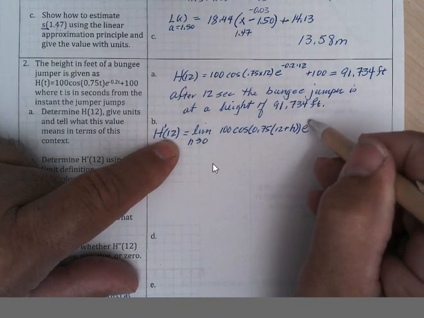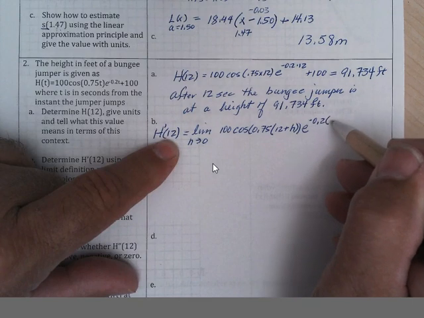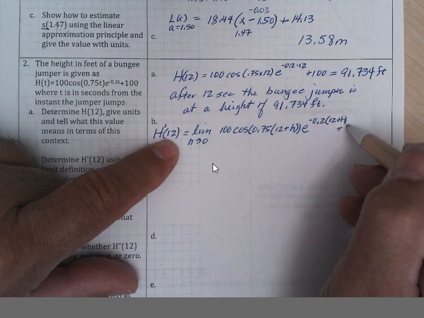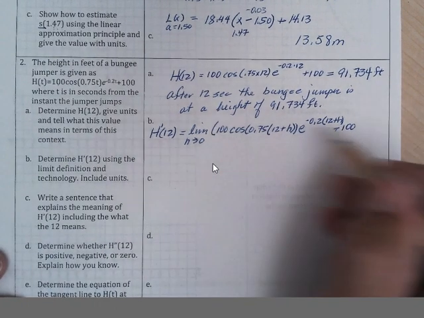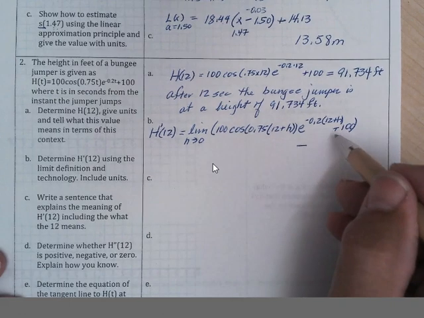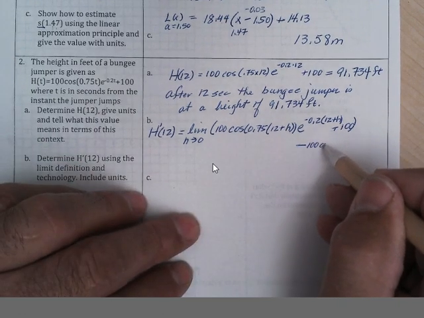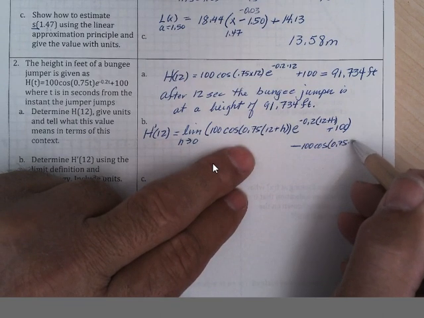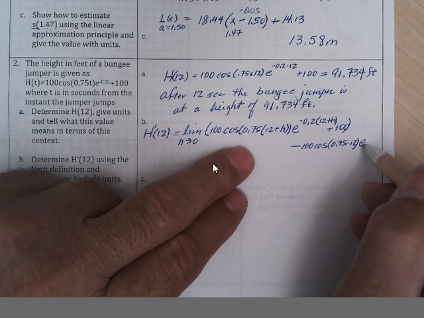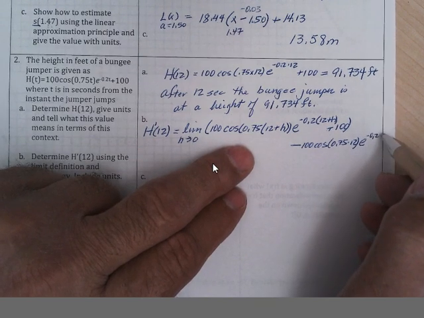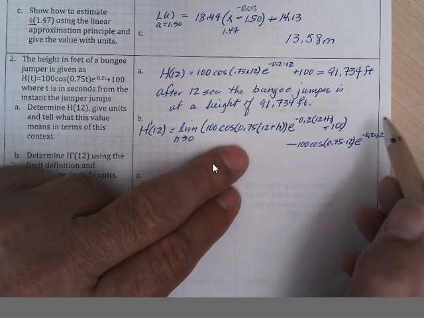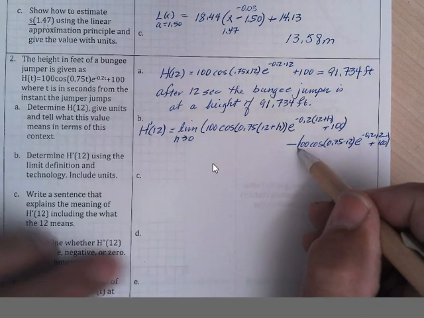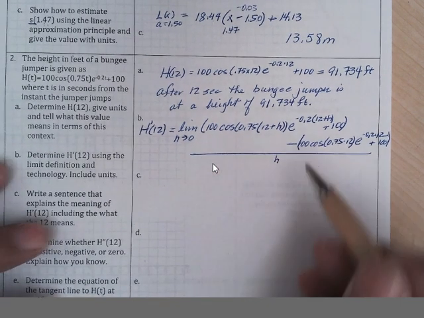E to the negative 0.2 times 12 plus h plus 100, all of this minus 100 cosine of 0.75 times 12, e to the negative 0.2 times 12 plus 100, and this is all in parentheses, all of that over h.